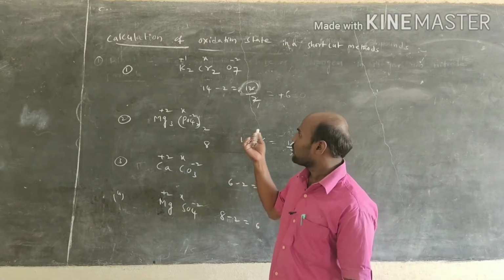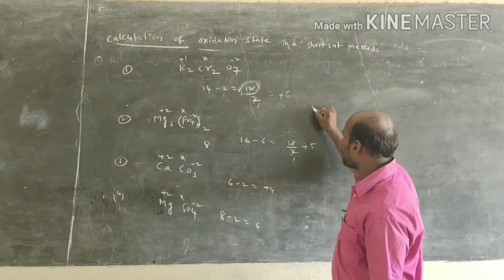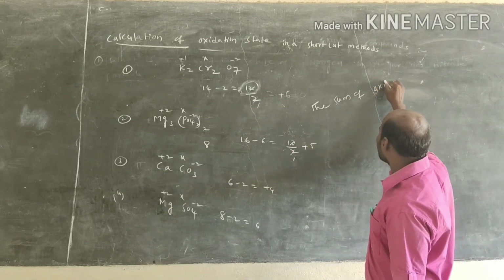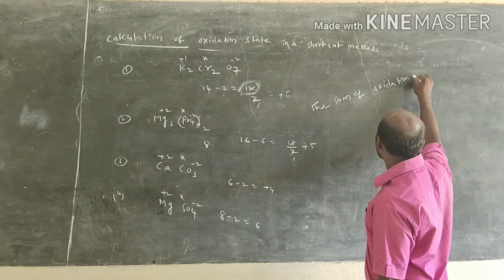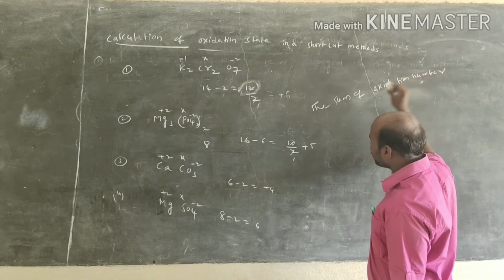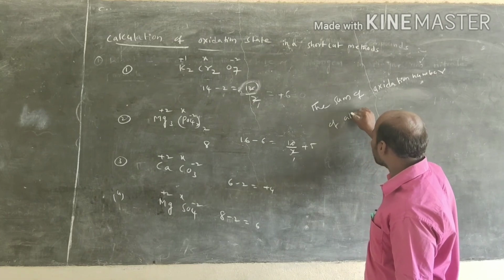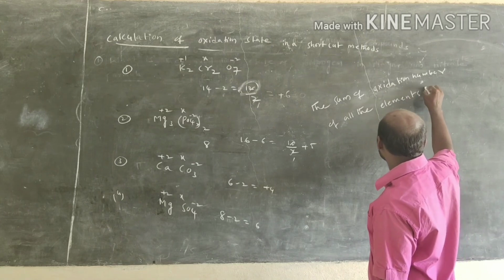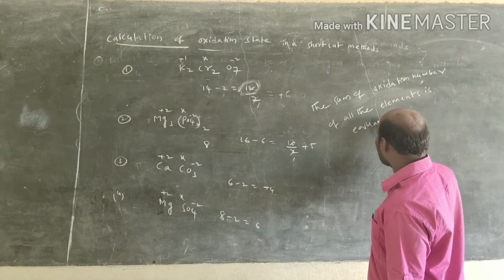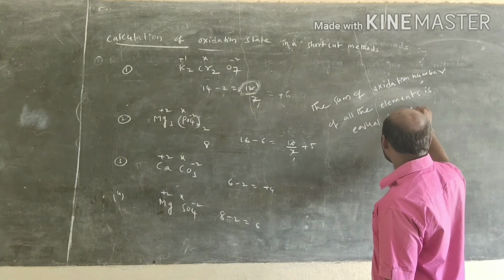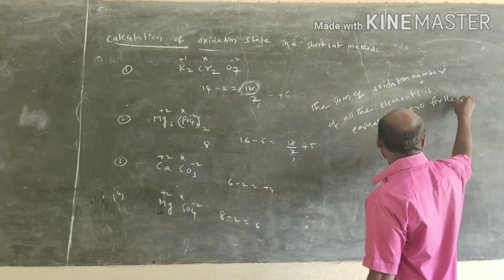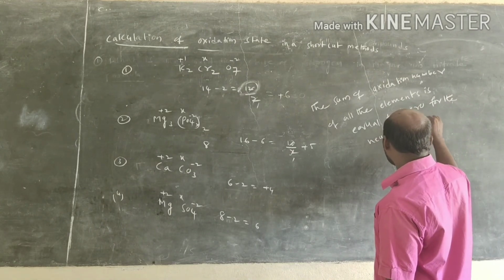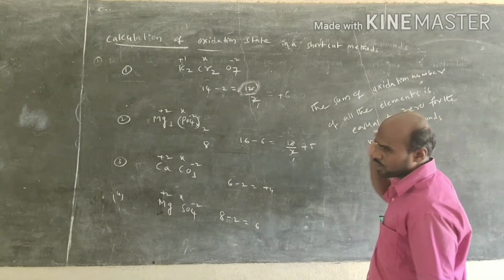Now, the sum of the oxidation numbers of all the elements is equal to 0 for neutral compounds. So that's why it is equal to 0.